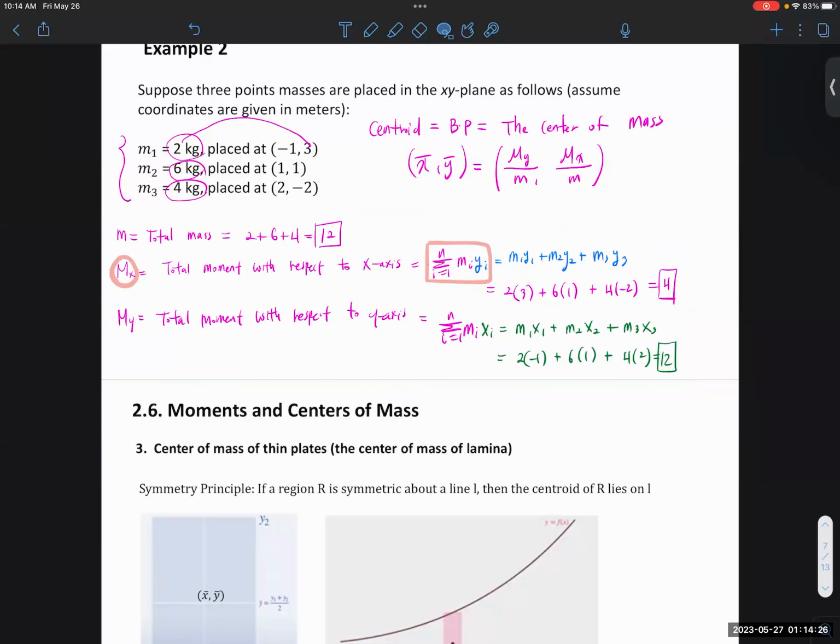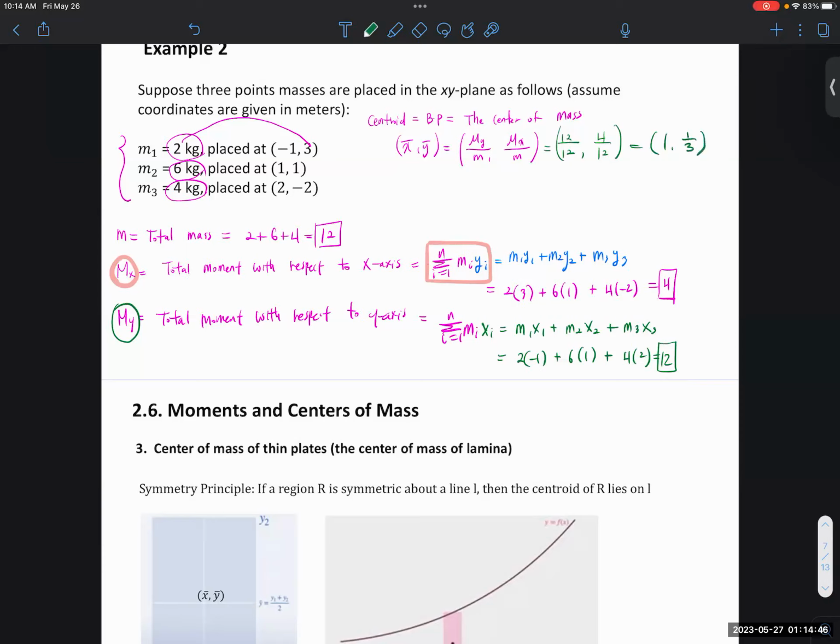So we find that my is going to be 12, right? This is my, 12 over 12, comma, 4 over 12. We can simplify. That is going to be 1 comma 1 over 3. So what is your answer?